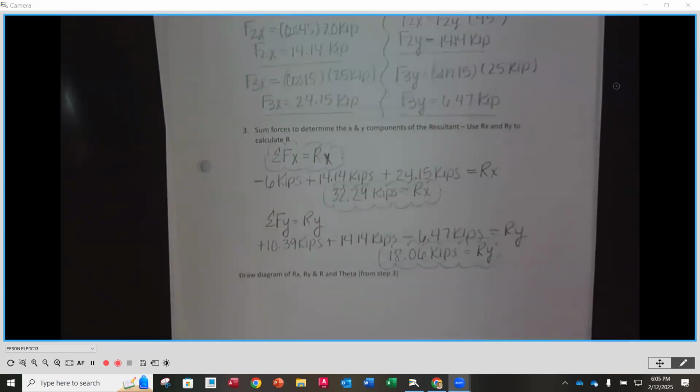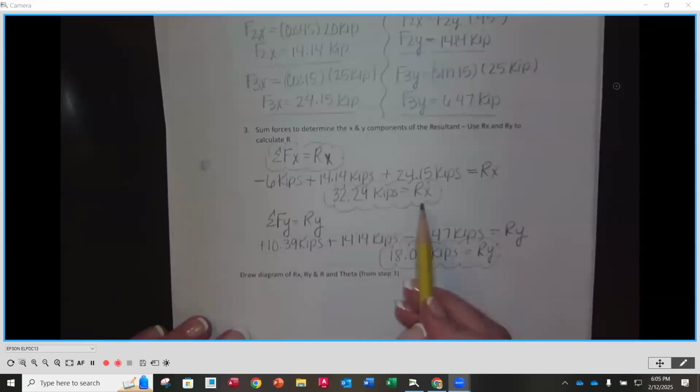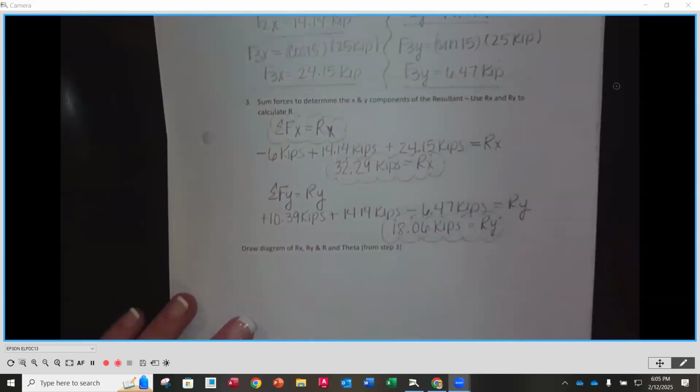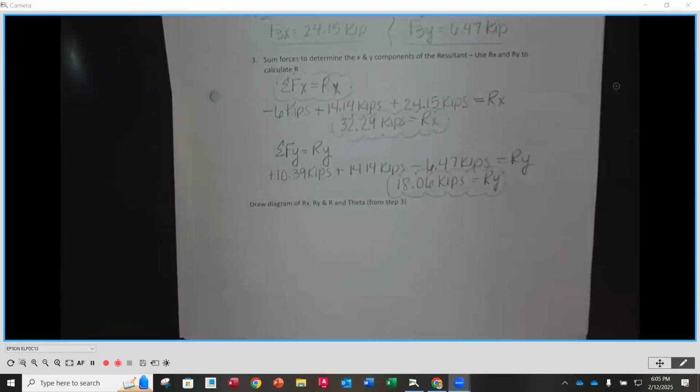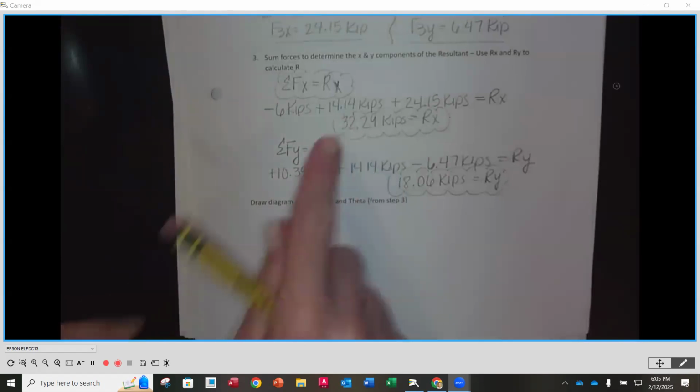Good question. All right, so now I have the two legs of a right triangle to find my resultant, right? So I have a horizontal component and I have a vertical component. Notice our next step here is to draw a diagram of the Rx and the Ry so that we can find the resultant, okay? So you'll notice that both of my values are positive.